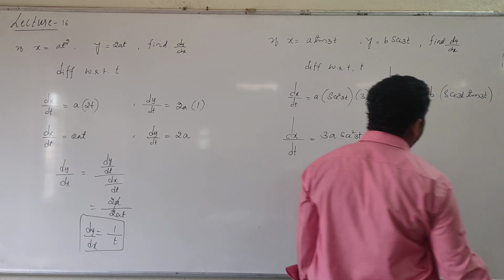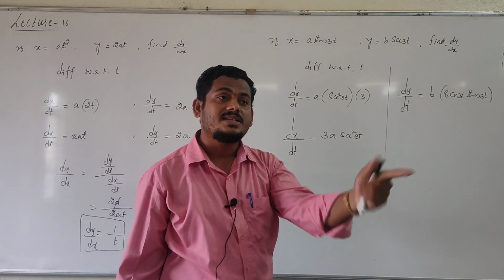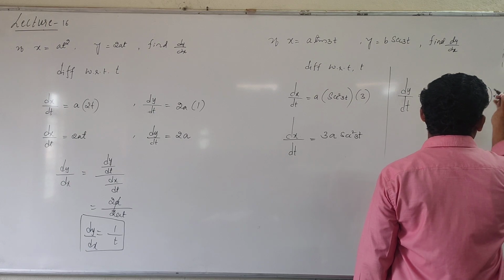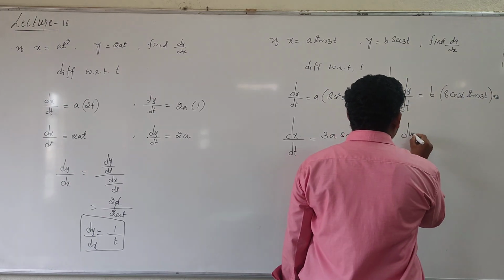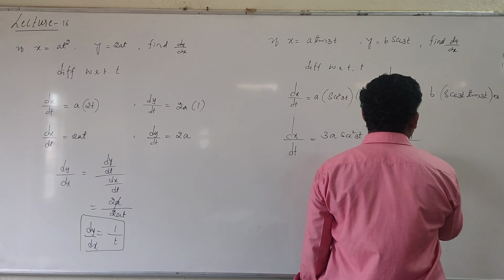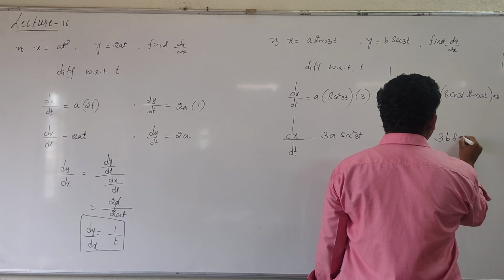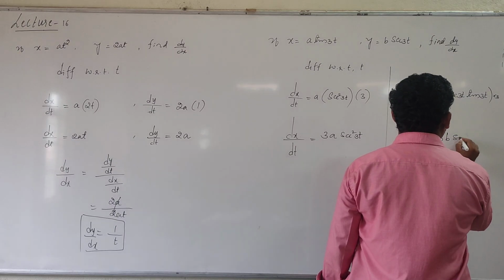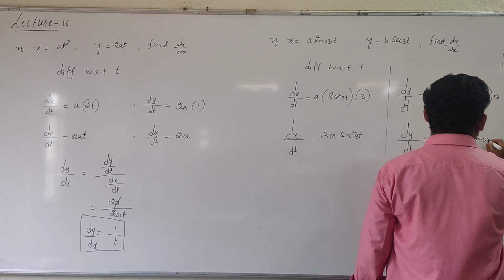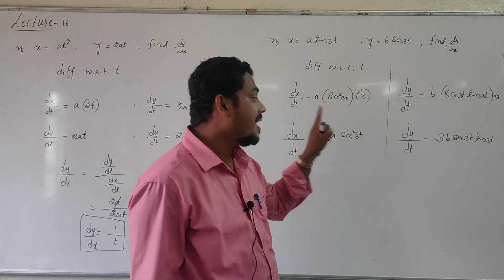After that, the inner function is not t, inner function 3t is there, its differentiation is 3. So dy by dt is equal to 3b secant 3t into tan 3t, right? This is our required dy by dt.